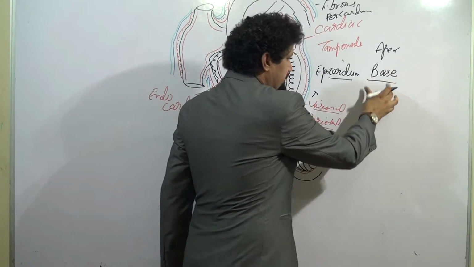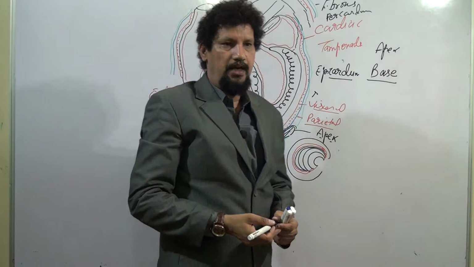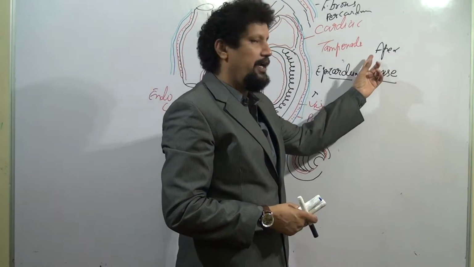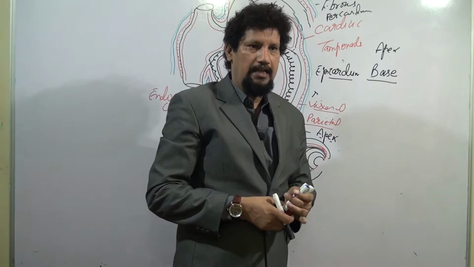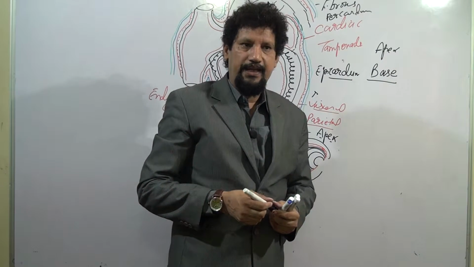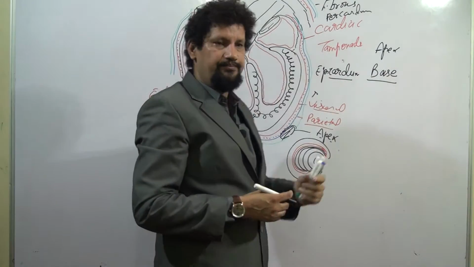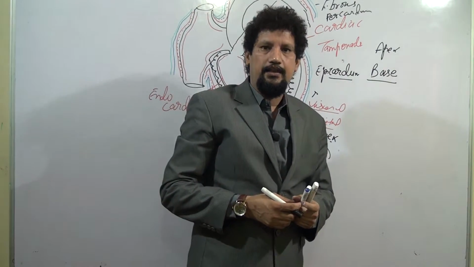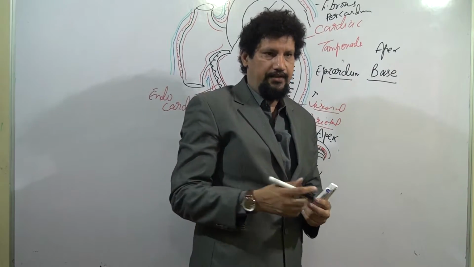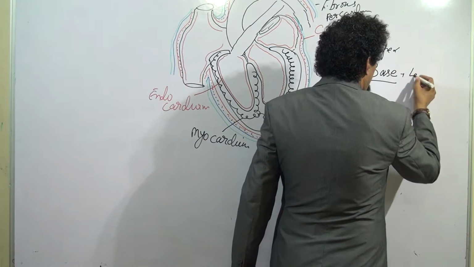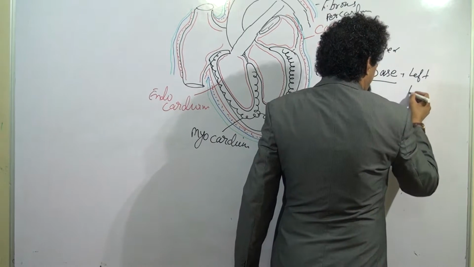The base is not the dependent part of the heart, but it is lying opposite to the apex, so it is known as the base, and the base is formed by the left atrium, which is lying in the posterior part of the heart. So this is formed by the left atrium.